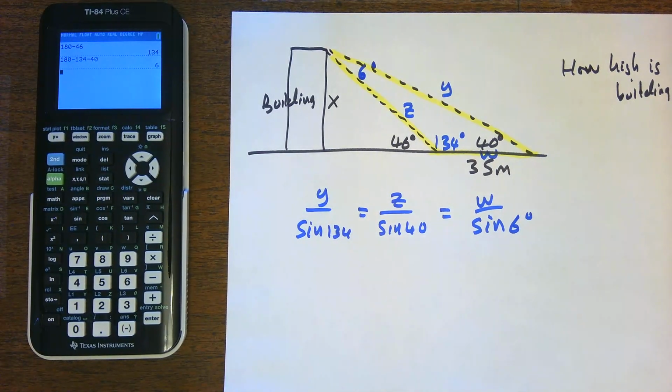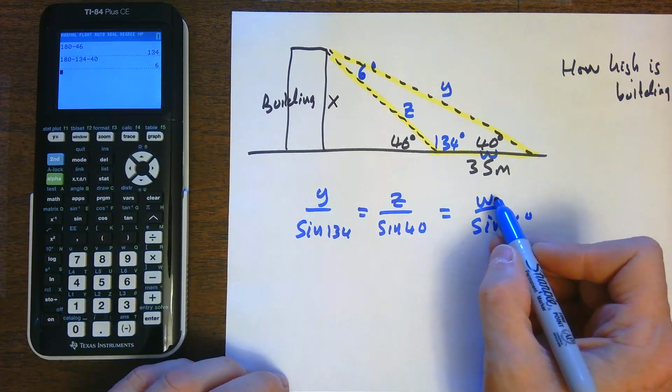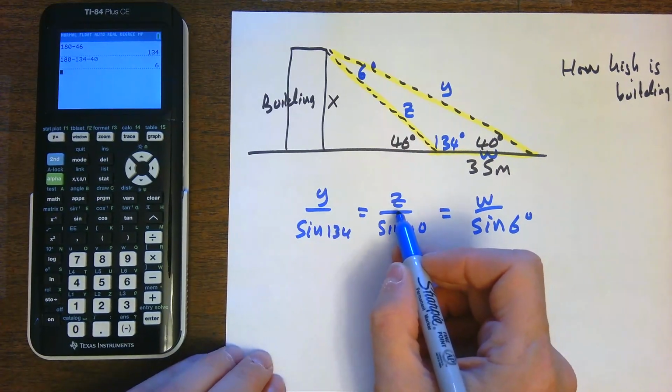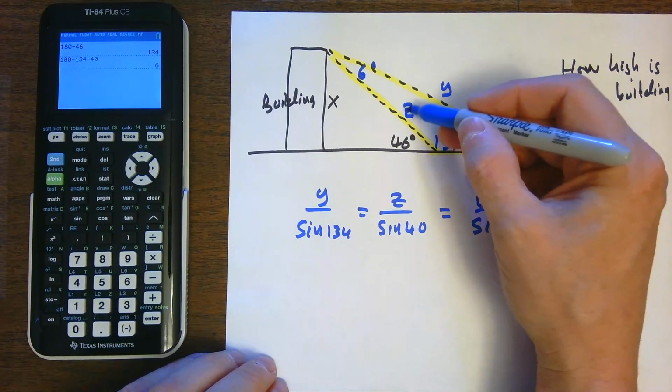All right, what does that tell me? I know this length here is 35. So I'm not going to use this one. I'm going to use these two right here, because I really want to know z for this triangle.